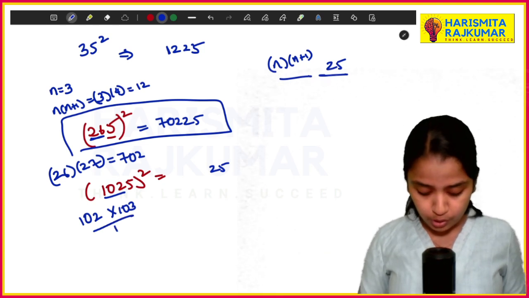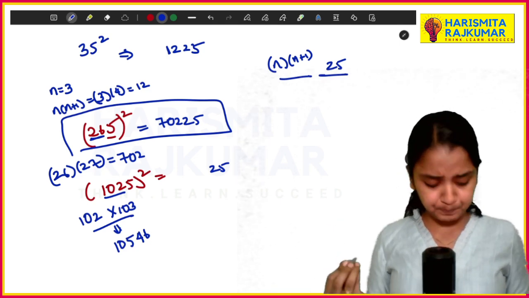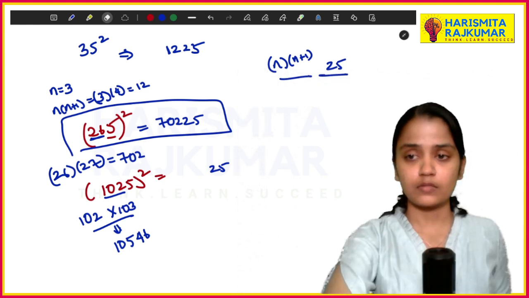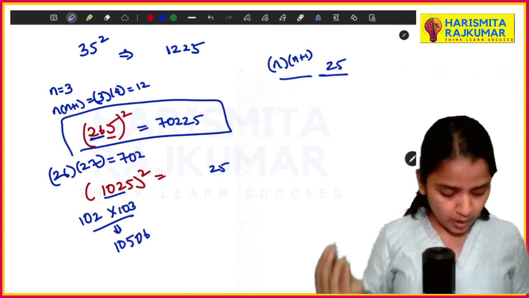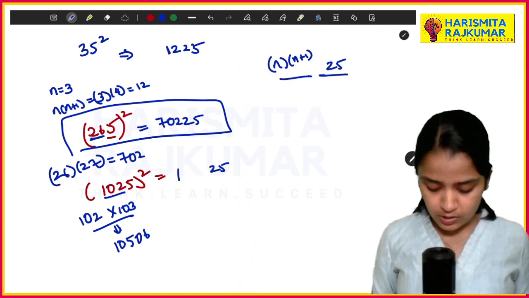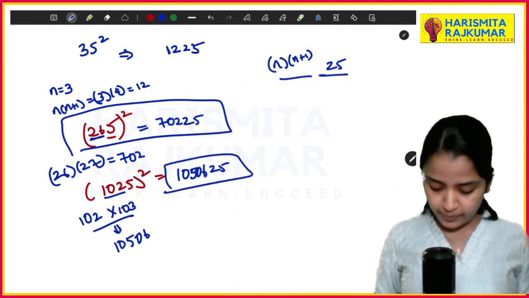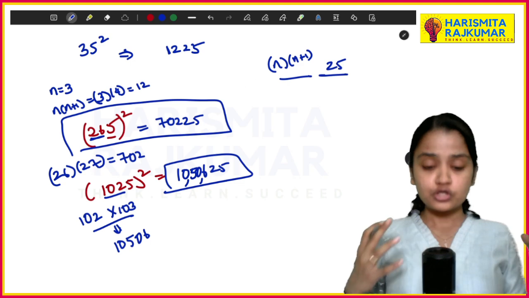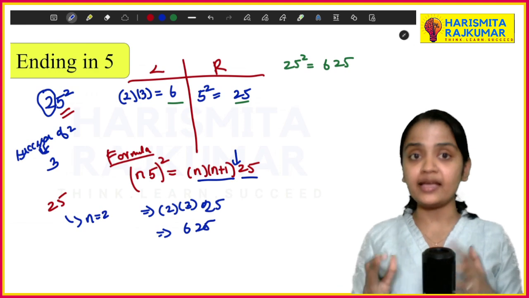When I multiply 102 into 103, I'll be getting 10506. So your answer is 10506 followed by 25, so basically it is 10,50,625. So these are the tricks for finding squares of numbers ending with 5 and ending with 1.